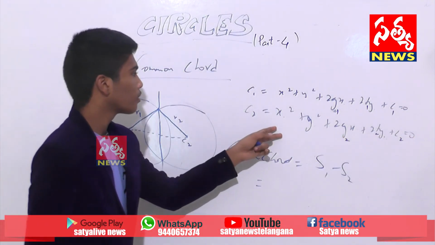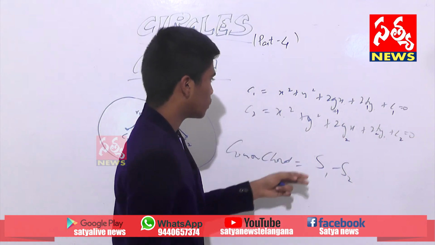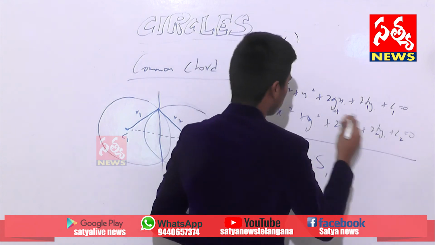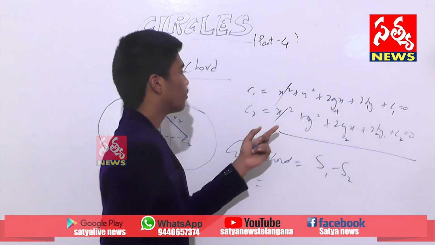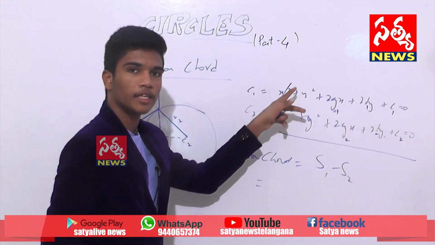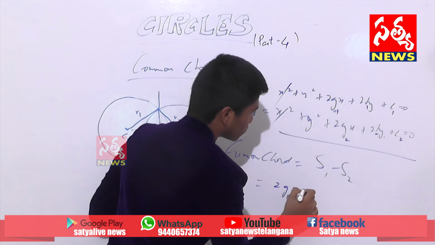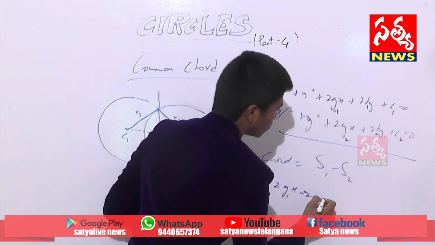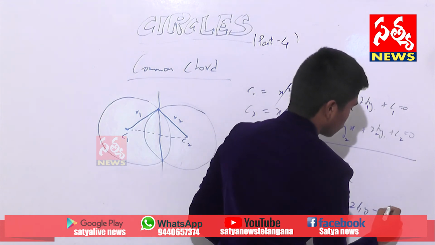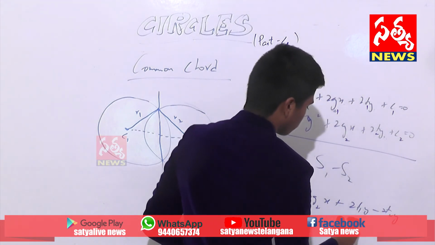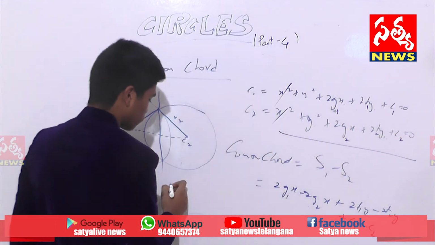Sorry for the mistake, S1 minus S2. Simply subtracting these two, we cancel x square and x square, y square and y square, and we get 2g1x minus 2g2x plus 2f1y minus 2f2y plus c1 minus c2.